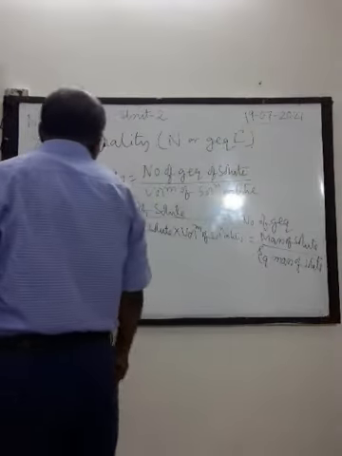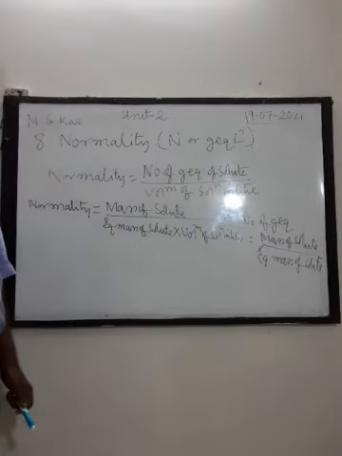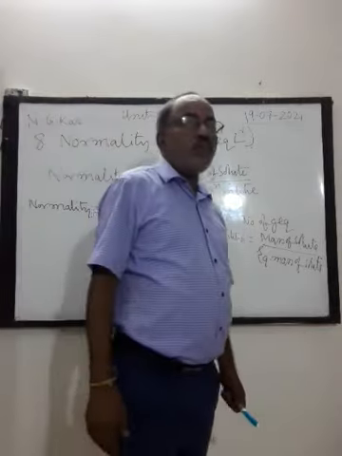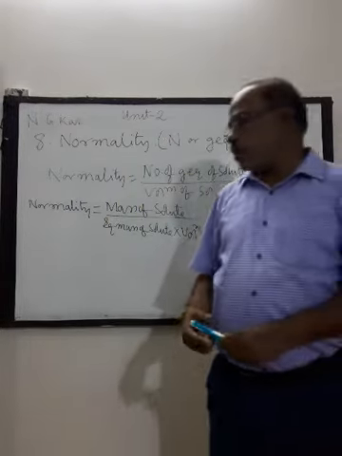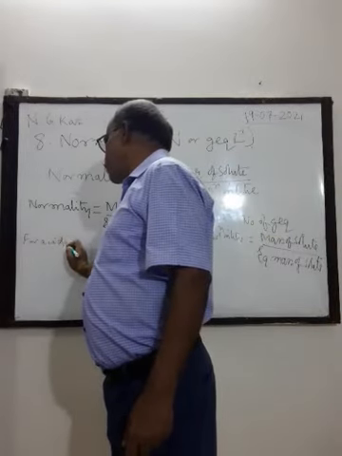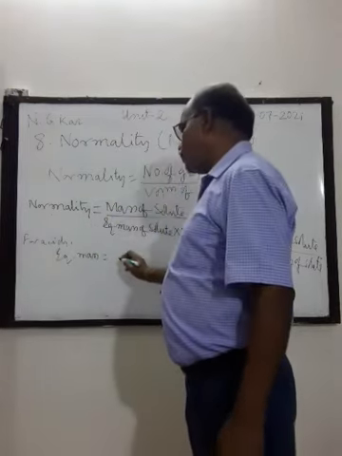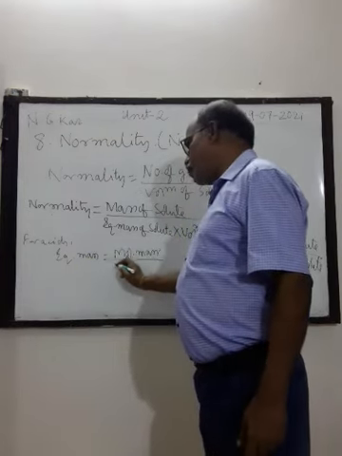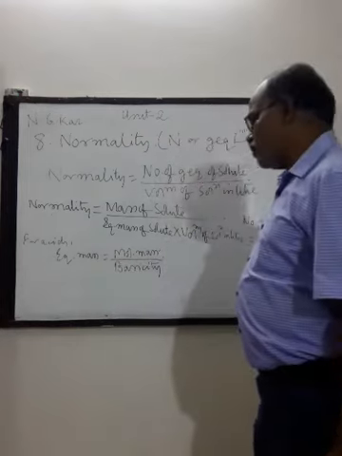Now here is a new term for us, which is called equivalent mass of solute. What is equivalent mass of solute? The definition of equivalent mass is different for acid, for base and also for salt. For acids, equivalent mass equals molar mass by basicity.